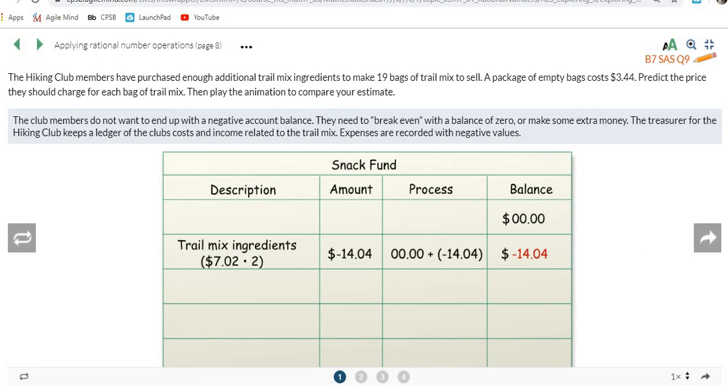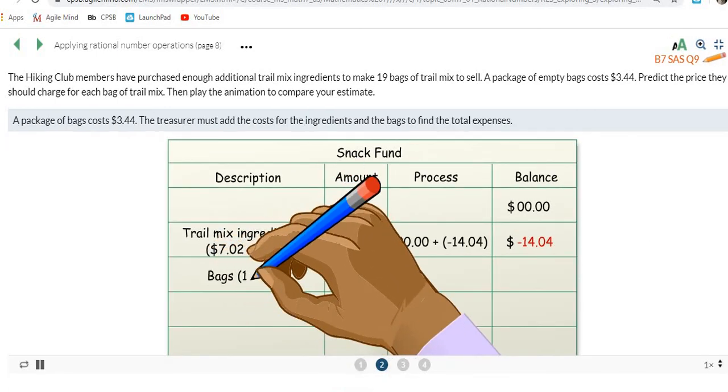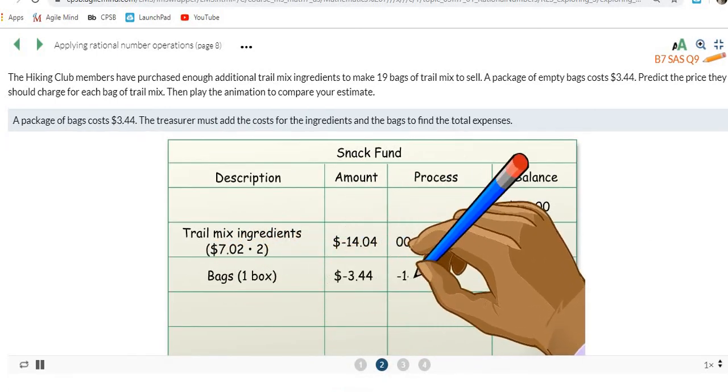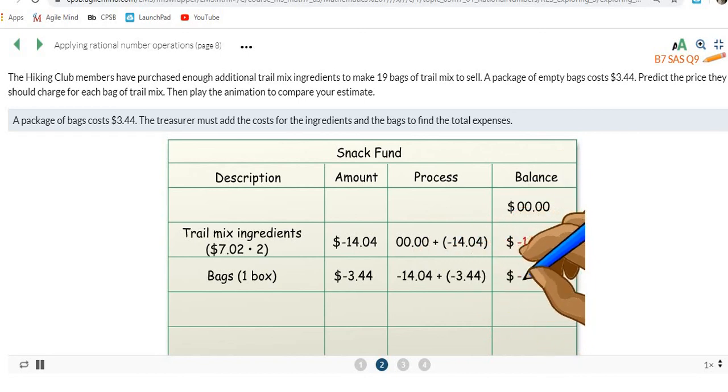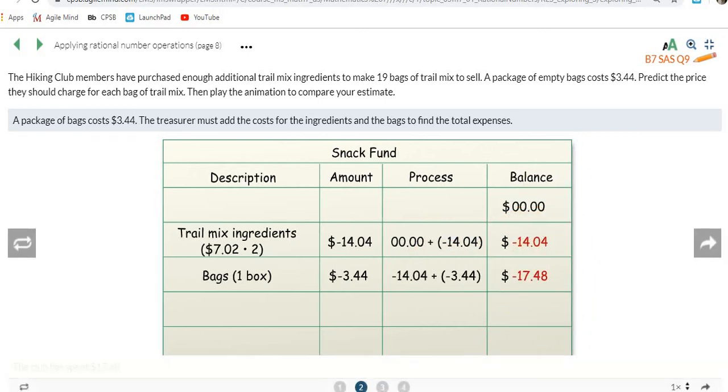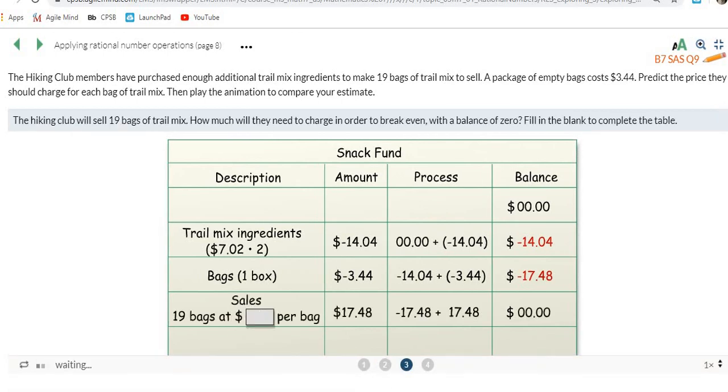And then we also had to buy the bags. I needed 1 box of those, and it cost $3.44, which leaves me now in debt $17.48.